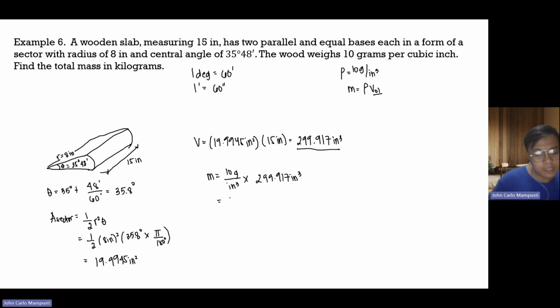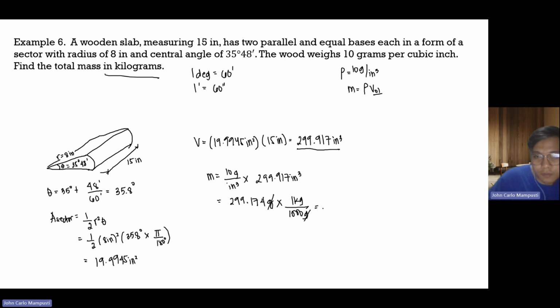So, multiply natin ng 10. Ang lalabas dyan ay 299.17 grams. Ano bang tinatanong? In kilograms. This is grams. So, ilan bang gram meron ang 1 kilogram? So, 1 kilogram, meron tayong 1,000 grams. So, cancel.